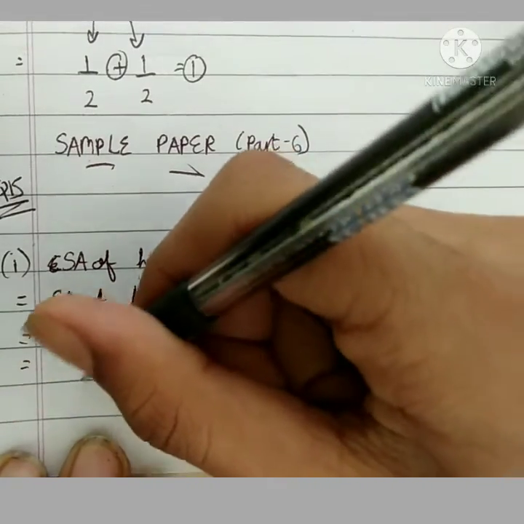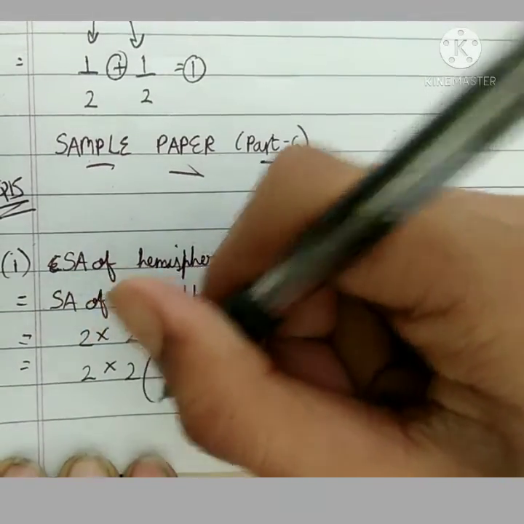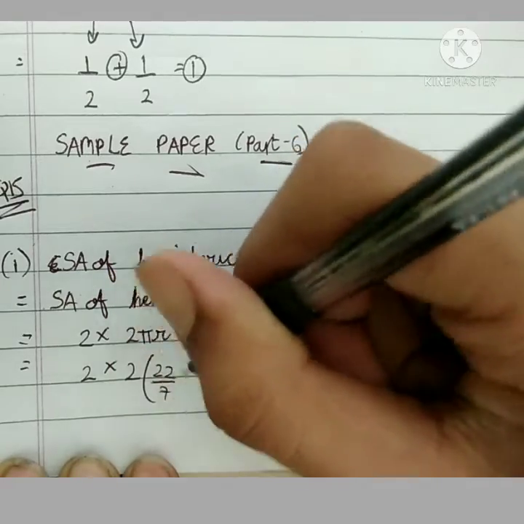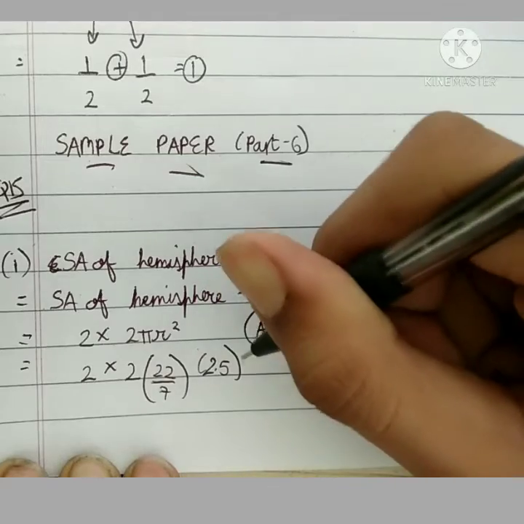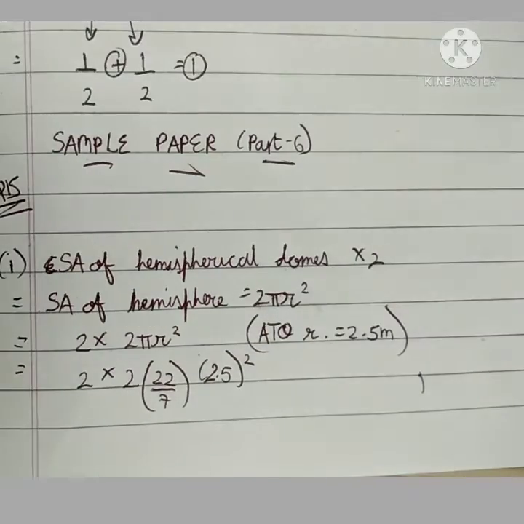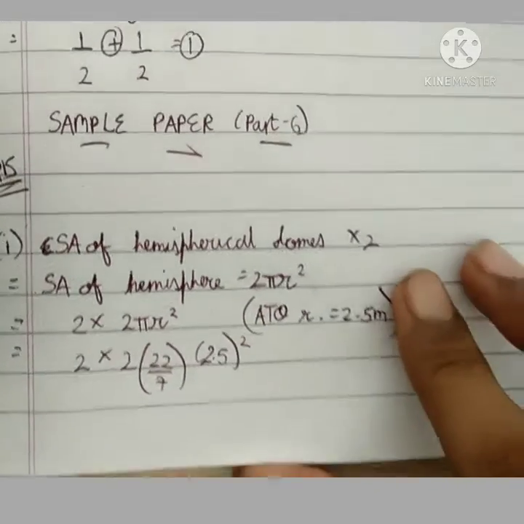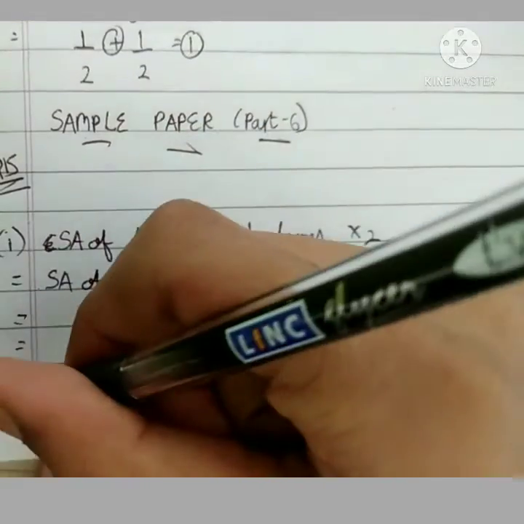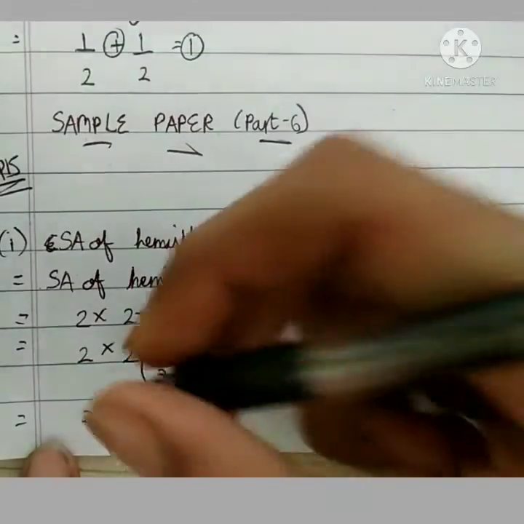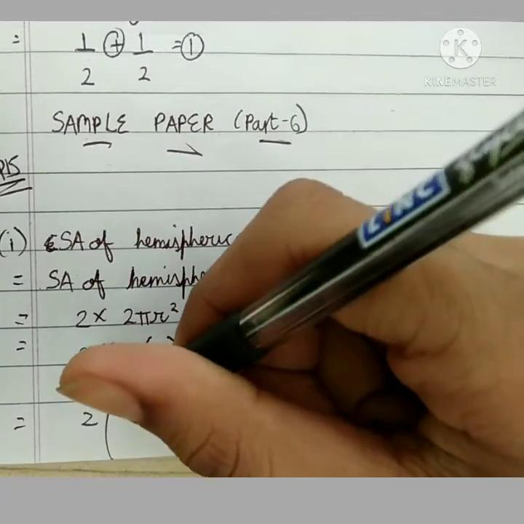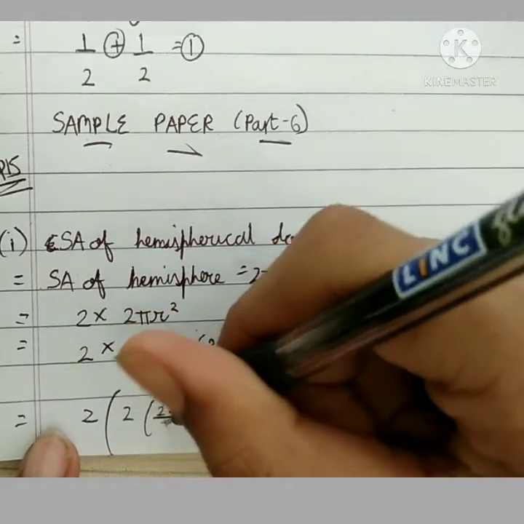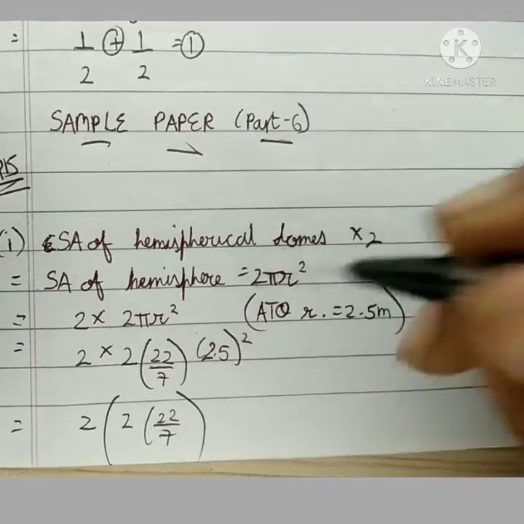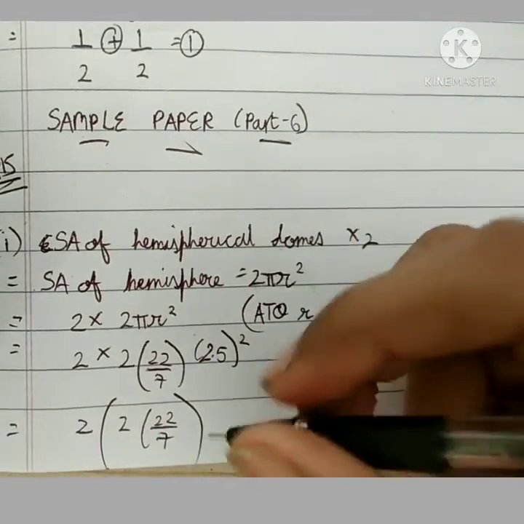So 2 multiplied by 22 by 7 multiplied by 2.5 whole square. I have to do the simplification part here, so let's see how much I can do. Make it a bracket. 22 by 7, here it would be 2.5 whole square.